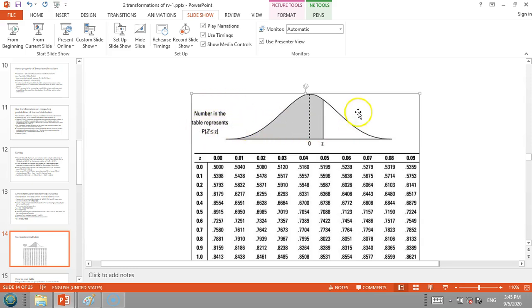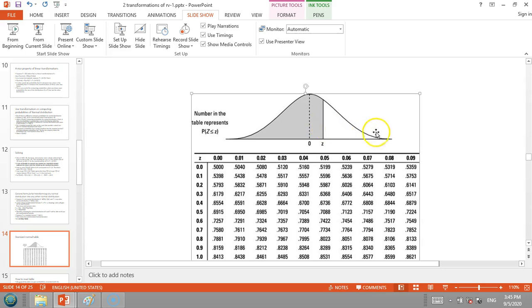Do you see the picture here? You see the picture, right? It gives me the probability of the shaded region. It gives me the probability that z is less than below z. So z here is kind of like my 1/4 or something like this. But it gives me the area to the left.